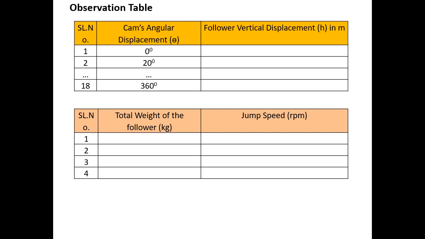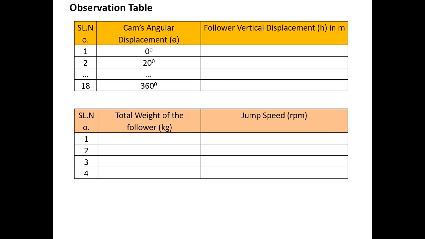So for this experiment, we have to prepare an observation table. In this first observation table, we will be preparing data for the h-theta curve. Theta is the cam angular displacement and h is the follower vertical displacement in meter or millimeter.